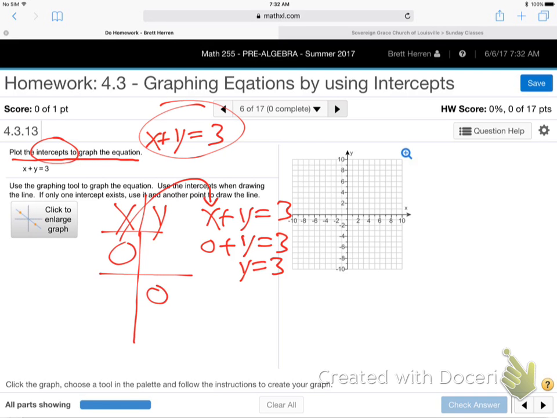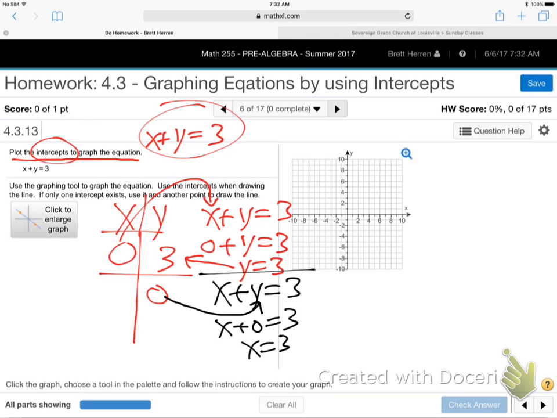Because 0 plus y is just y. We good with that? And now let's do it again for the other one. Start again, x plus y is 3, and put in 0 this time for y. Get x plus 0 equals 3, and x plus 0 is just x. So x is 3. So that was kind of a simple one. They'll get more complex. So those are my two intercept points.